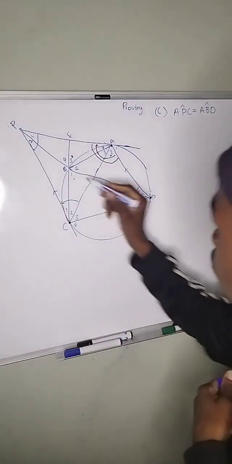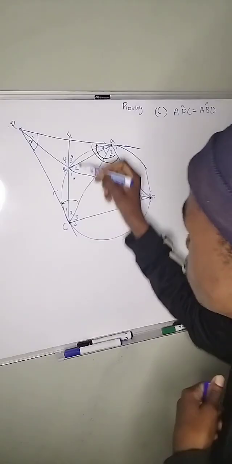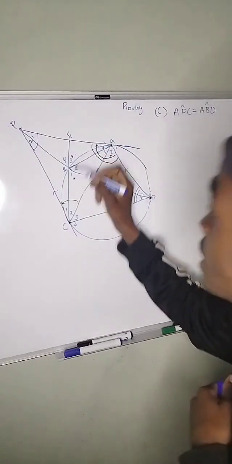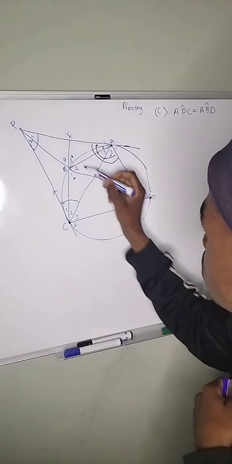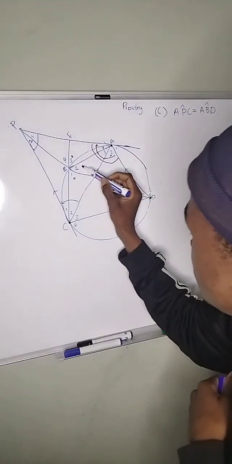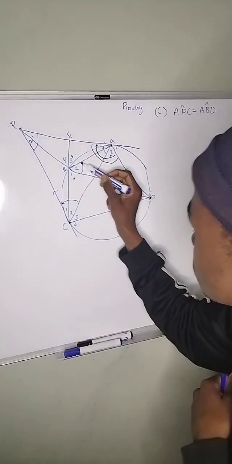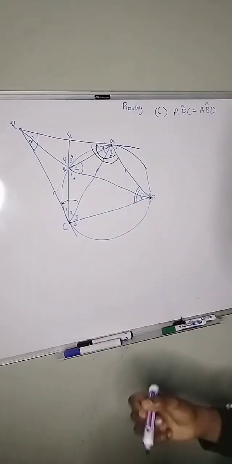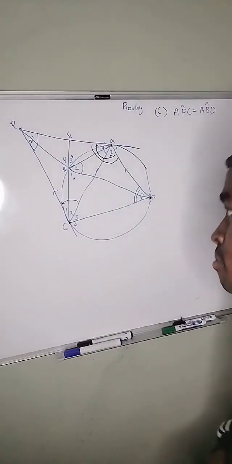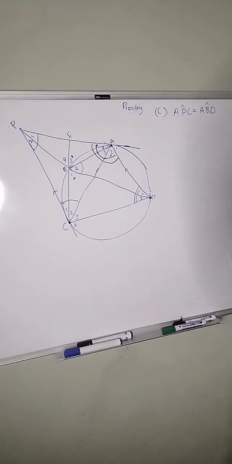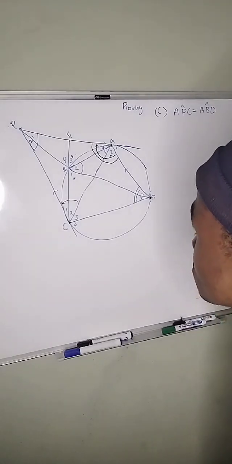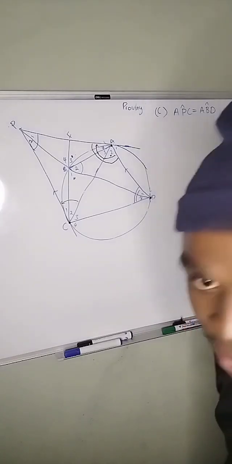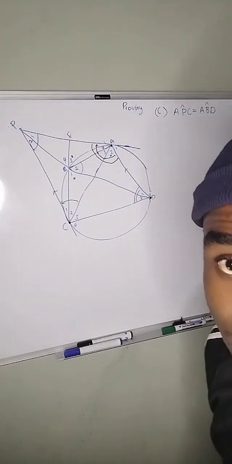And again, I proved that B1 is going to be equal to B3. Now I have to prove that this angle is going to be equal to angle BD. I don't know how, but I have to prove that. Yes, it's grade 11.